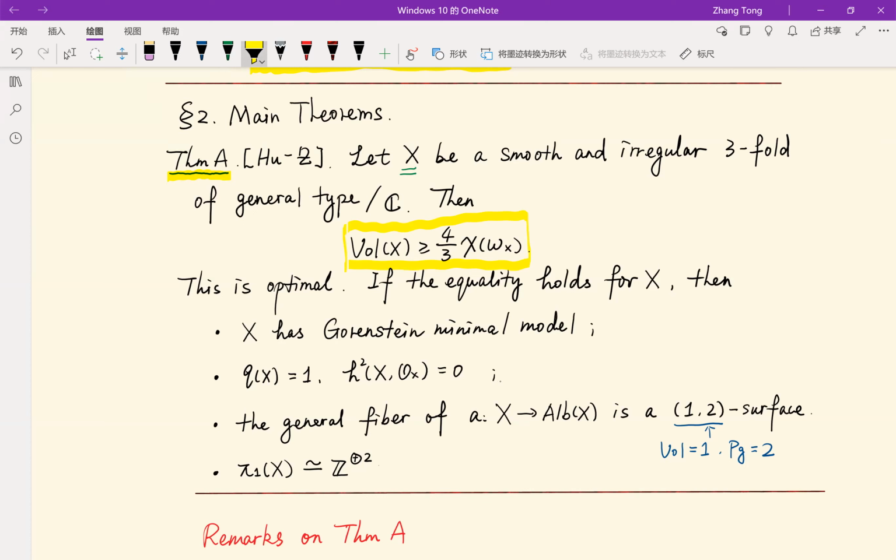We call this inequality the Noether-Severi inequality, because if you look at this coefficient, it's the same as the Noether inequality proved by Yongnam Chen, Meng Chen, and Chen Jiang. And if you look at the form of this inequality, it is about the ratio of the canonical volume and the Euler characteristic.